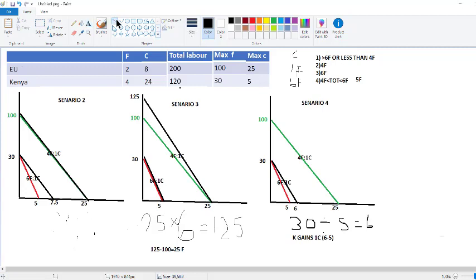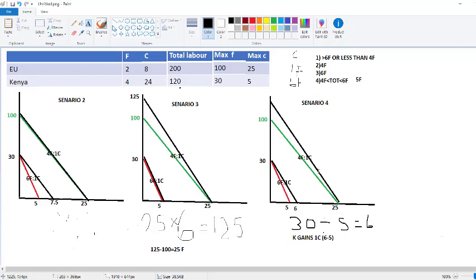So what does that look like? I'm going to draw the line in, for example. This line was less steep. Steeper line, higher number means a steeper line. We know that they're producing carbon only because the price of carbon has gone up. We need to determine what this value is over here. Each carbon of 25 could be traded at 4 food per 1 carbon, so 25 times 4 would give you 100.